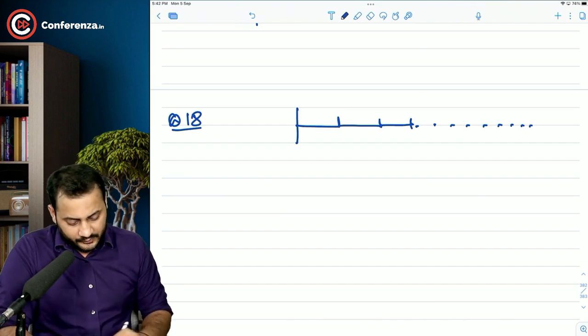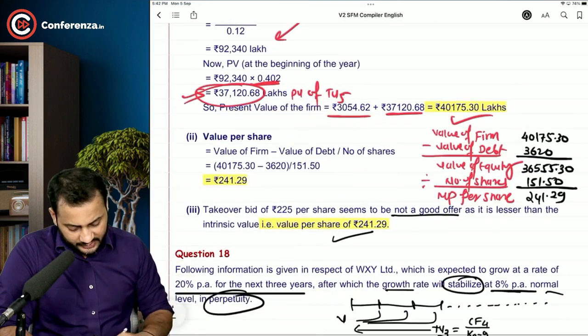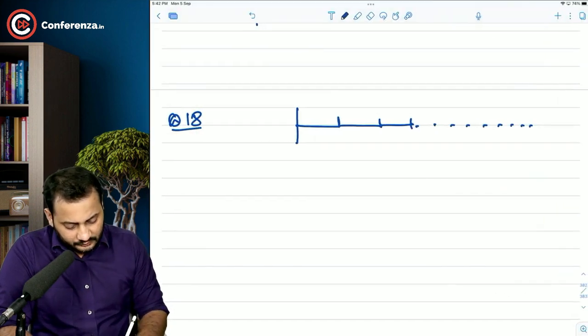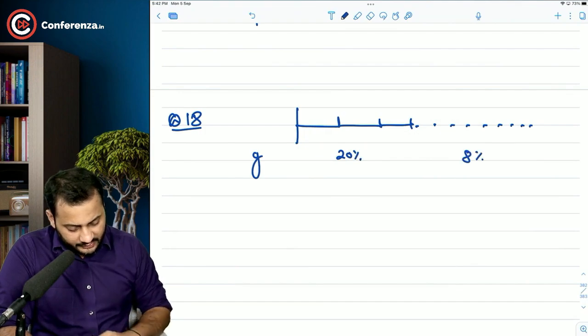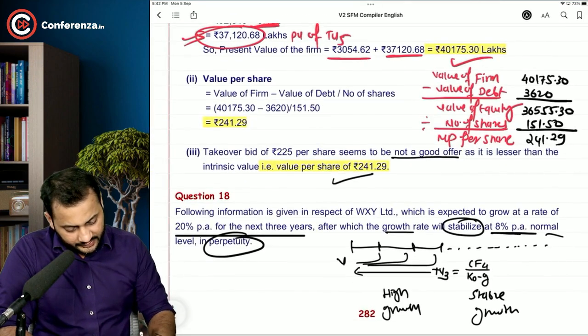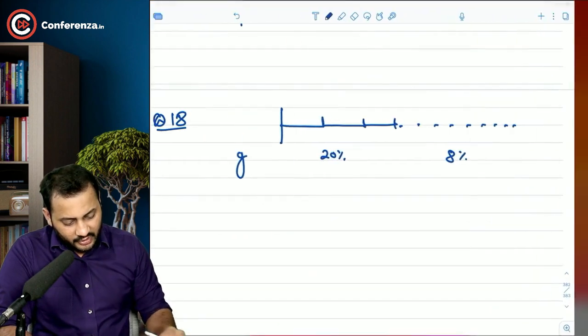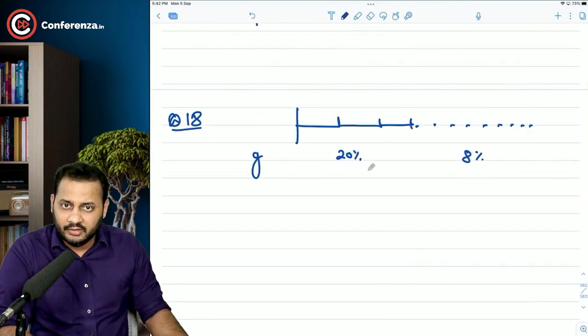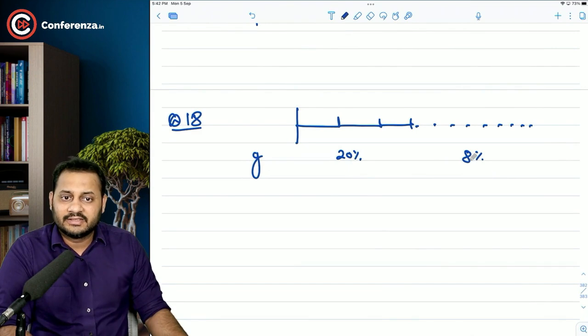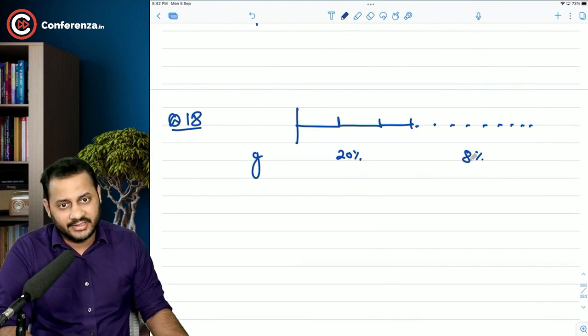So the growth rate in the first 3 years is 20%, and then 8%, right? So can we call it a high growth period, the first 3 years, and then the stable growth period in perpetuity is 8%.